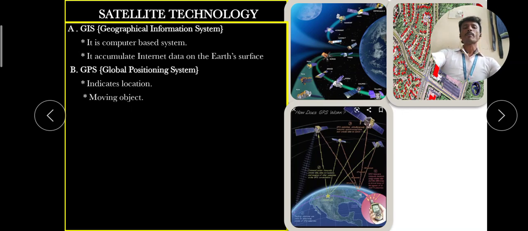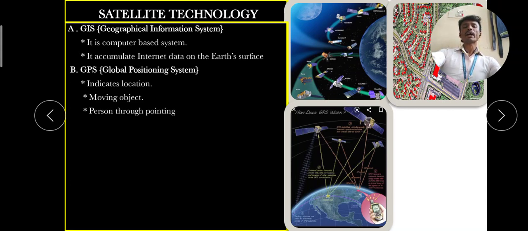And moving object, direction of movement. Got it? If persons are moving north to south or west to east, moving objects like that we can find through the GPS. And a person's pointing, where he or she is going, whether going in the north direction, west direction, or east direction, is possible to find through the GPS.